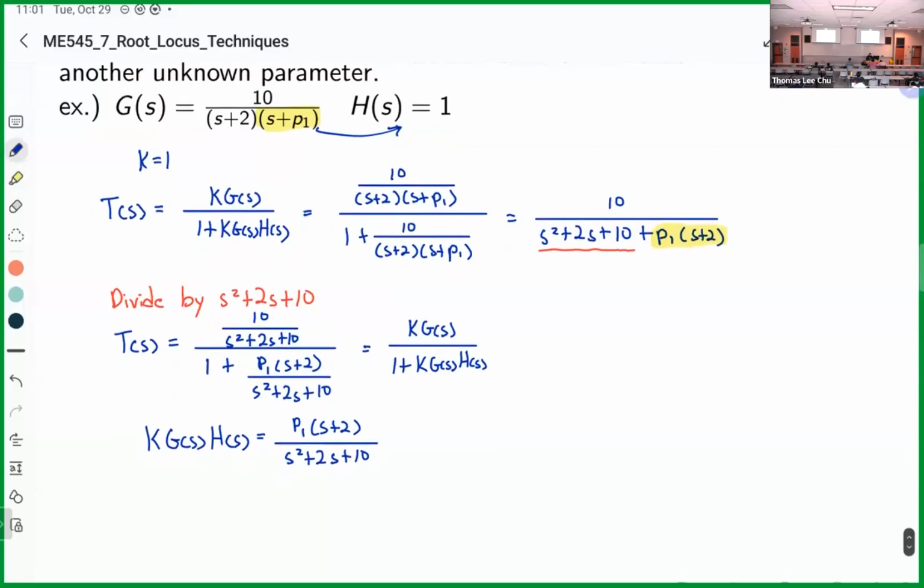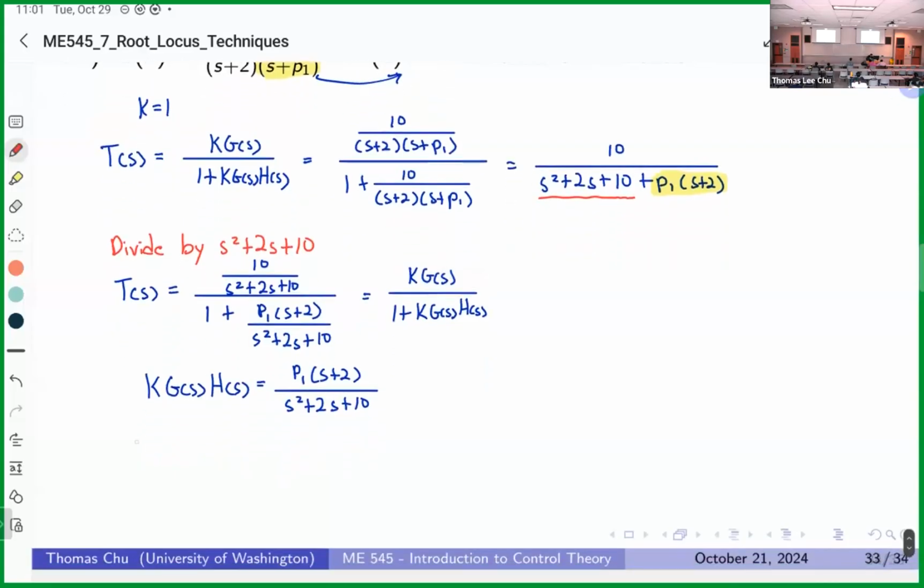So now what we can do here is draw the root locus, because basically this p here is now the k term. And we can draw the root locus as a function of p1, which is our open loop pole in our original system.